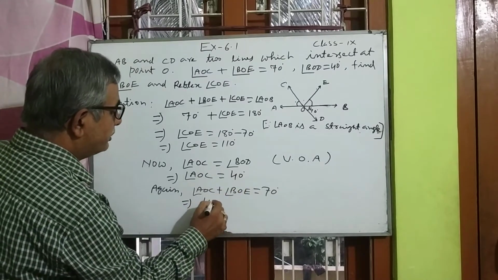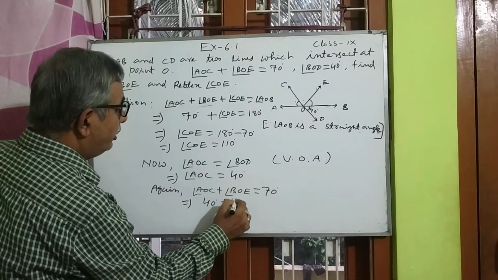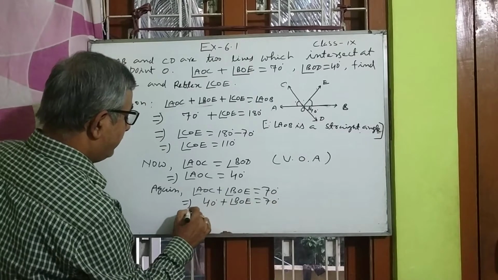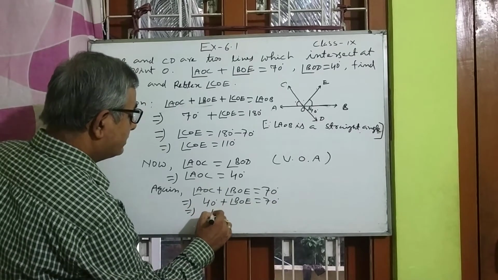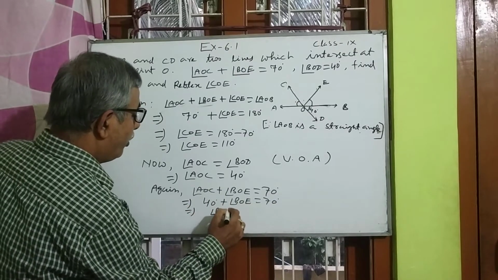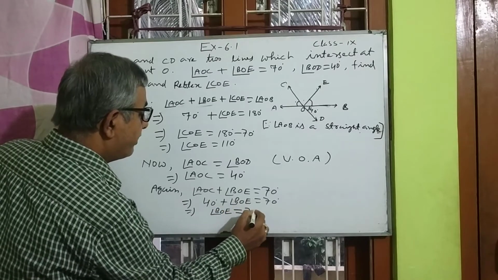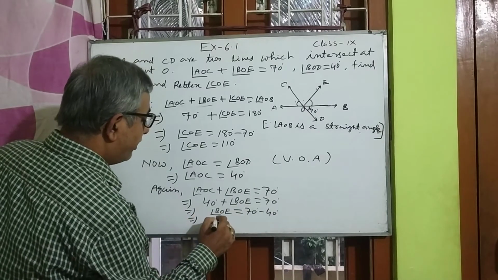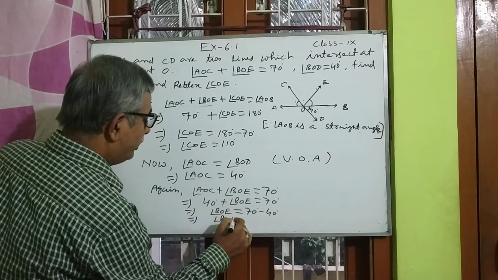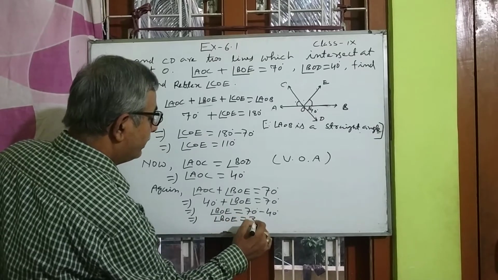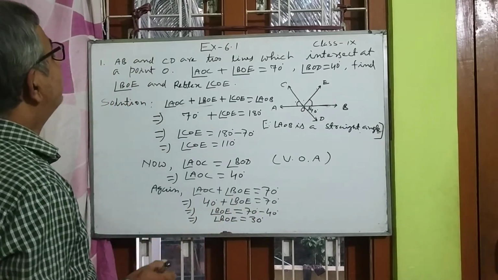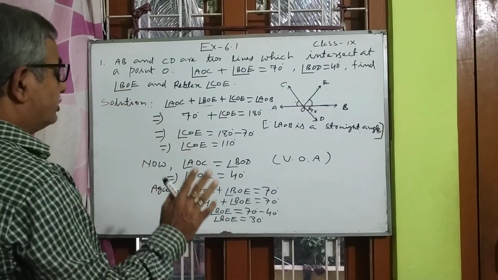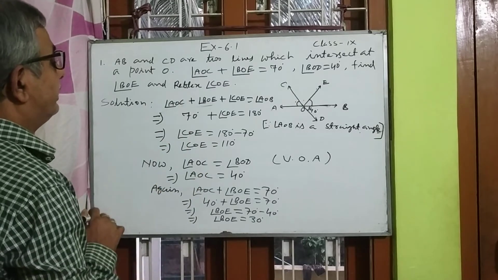Then BOE is 70 degrees minus 40 degrees. Now you tell me what happens. Angle BOE is equal to 30 degrees. It's alright. You had to find out BOE, so you got BOE equal to 30 degrees.